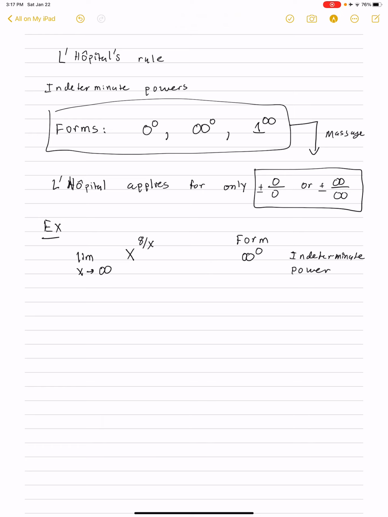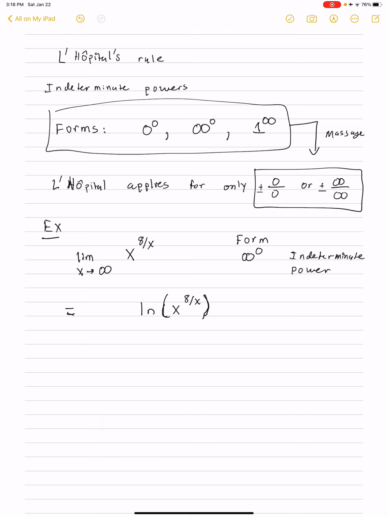Okay, so we need to try to massage this, and it would be nice to get rid of that exponent. Well, I know that the natural log allows me to pull exponents down. Remember, I need to be dealing with the original problem, so I can't change it in any way.